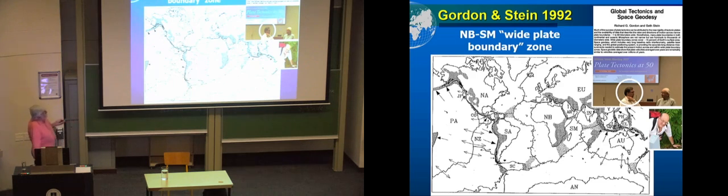And what was important about this paper was that they had begun to use what we call space geodesy. Essentially, in those days, the GPS, the American military satellite system, as it then largely was, the Global Positioning System, which was mainly intended to guide cruise missiles.